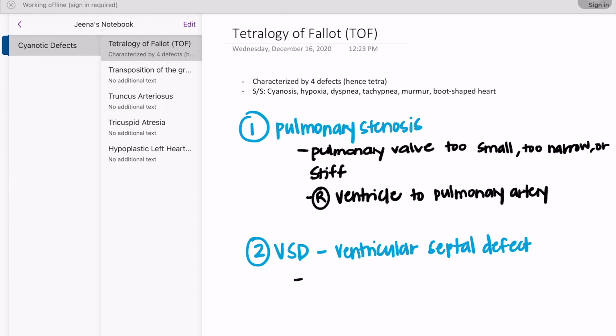It's a hole in the heart between the 2 ventricles. And I mentioned what ventricles are in my other video explaining how blood flows through the heart.